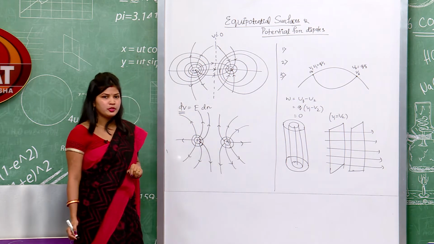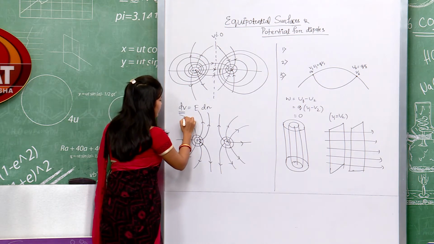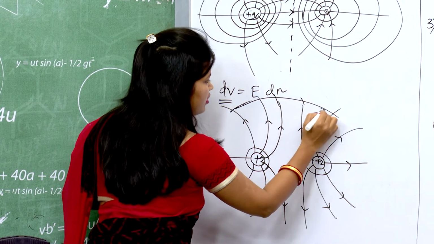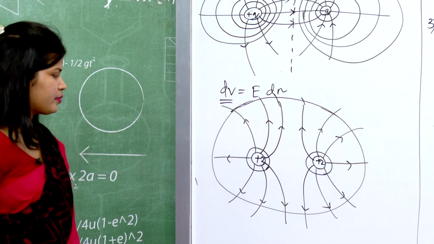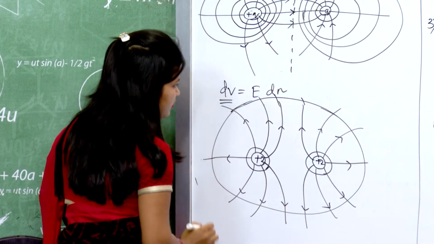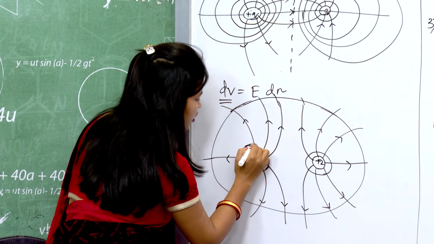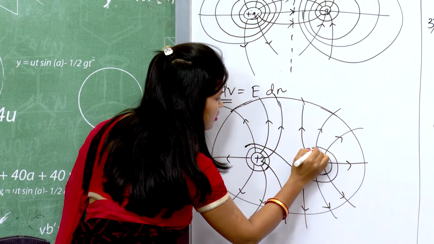So, at far distance you will find the equipotential surface is a sphere. And another shape of equipotential surfaces is like this.